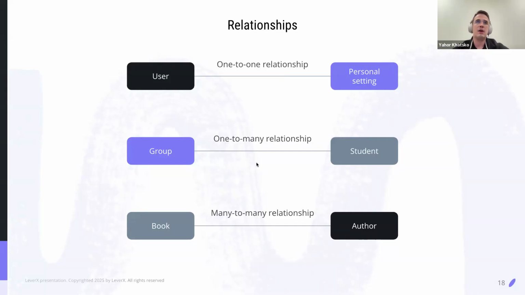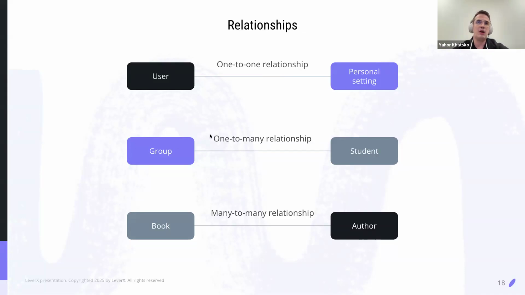So yeah, with the one-to-one relation, it could be that the user has the ID of the personal settings, so it just points to another table.